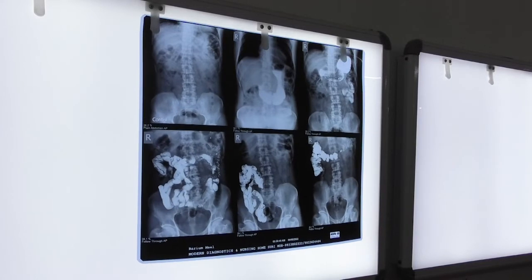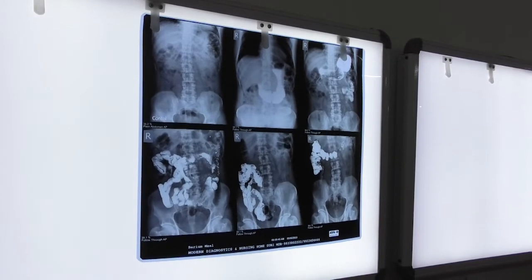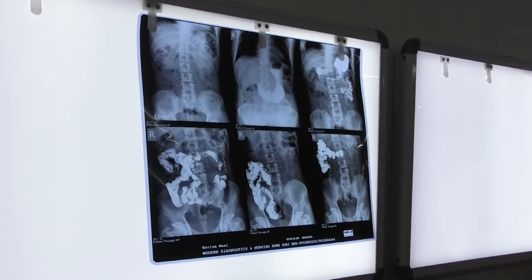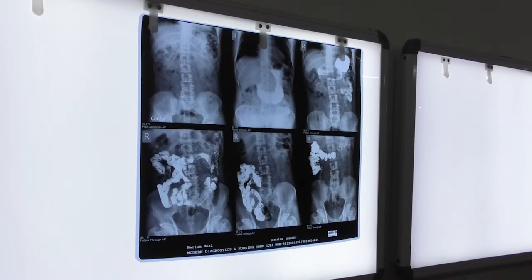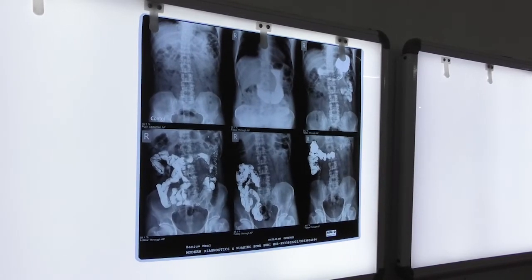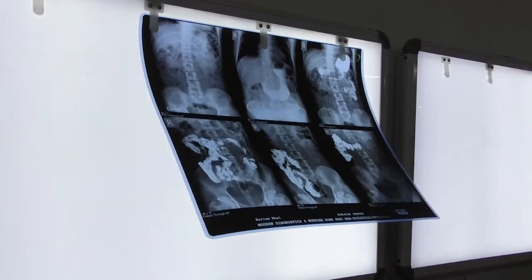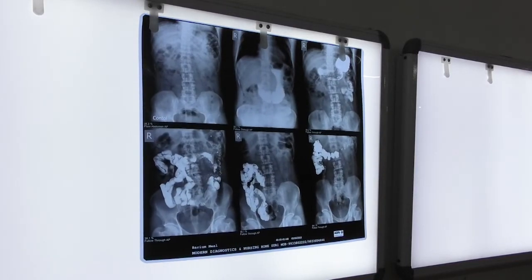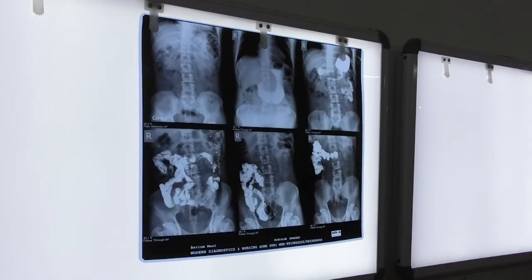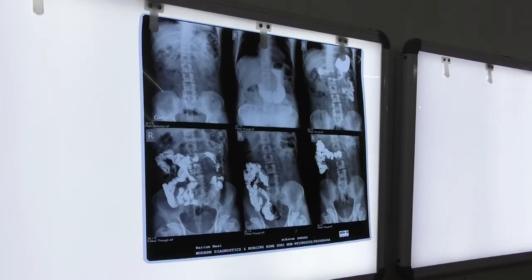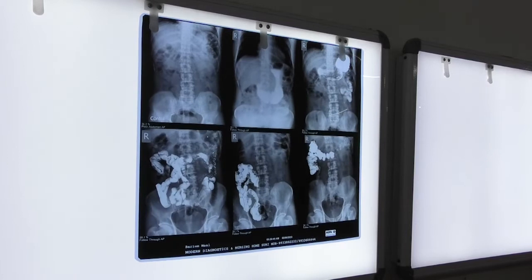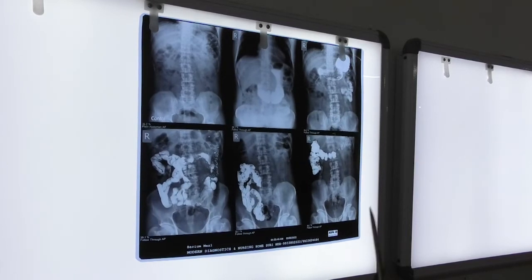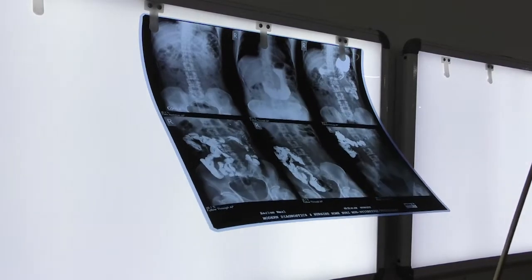Just after the swallowing of the barium sulfate, we take the image of the esophagus. That is called barium swallow.